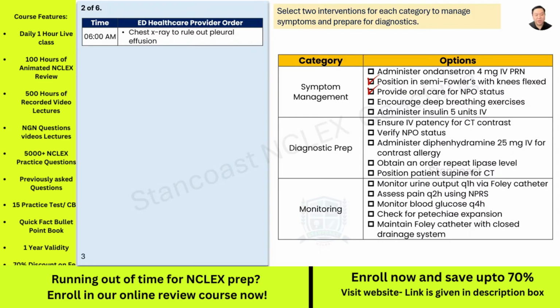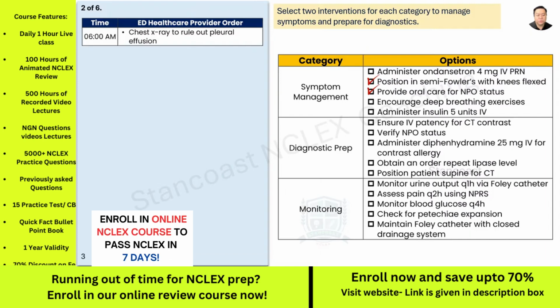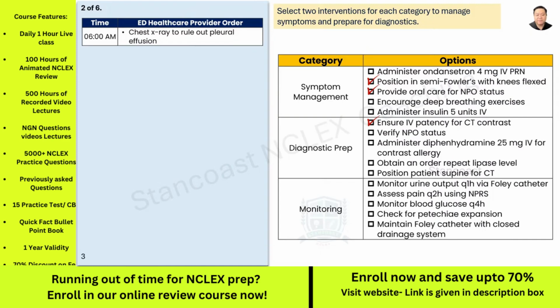Let's move on to the diagnostic prep category. What do you think are the correct answers here? One of the answers is to ensure IV patency for CT contrast. We want to make sure that there is good blood return before we use the IV access, especially if we are about to send the patient to the radiology department.